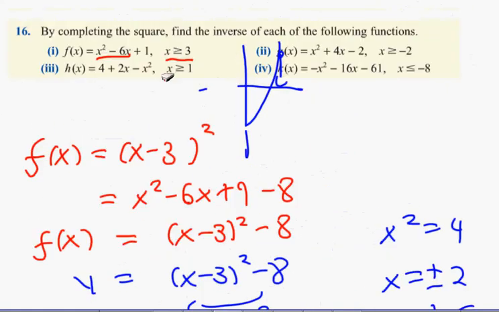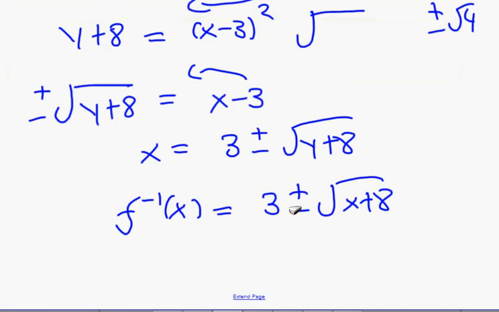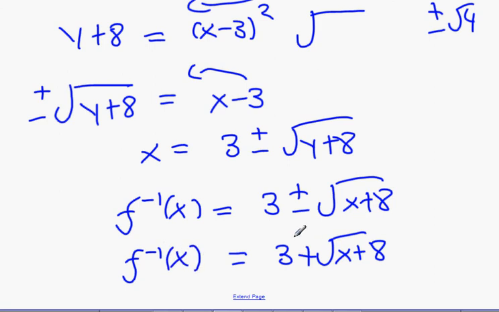Now, it states specifically that x has to be bigger than 3. If this is negative, it will make x smaller than 3. So we only accept the plus value, because the plus value will give you a value bigger than 3.